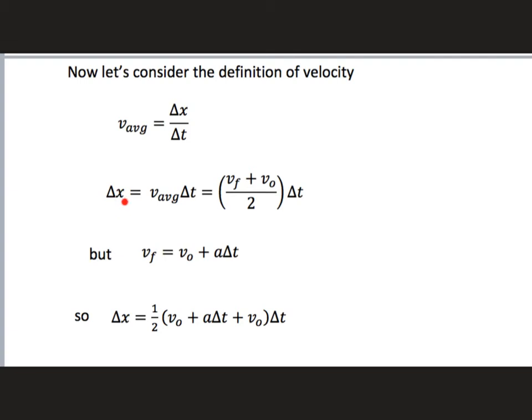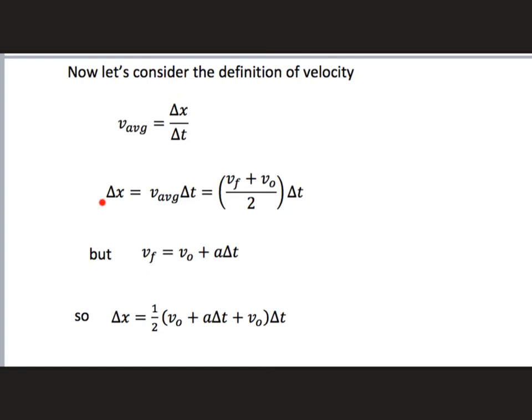And so if I solve for delta x, that's going to be my average velocity times the change in time, delta t. But we just saw that the average velocity is v final plus v initial over 2. That's why, even though this is the last equation in our list of equations, we went ahead and derived it because we needed it to come up with this final equation.